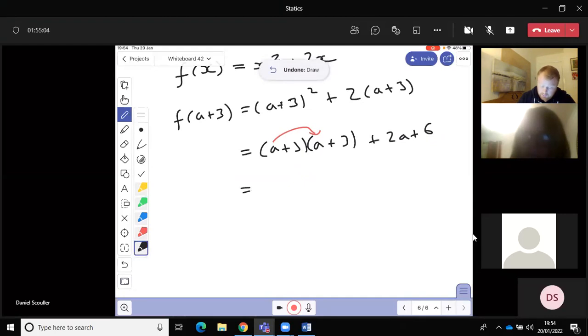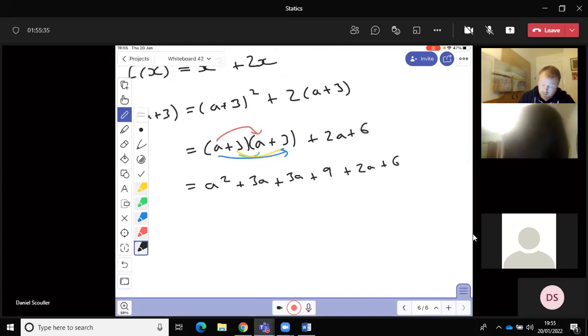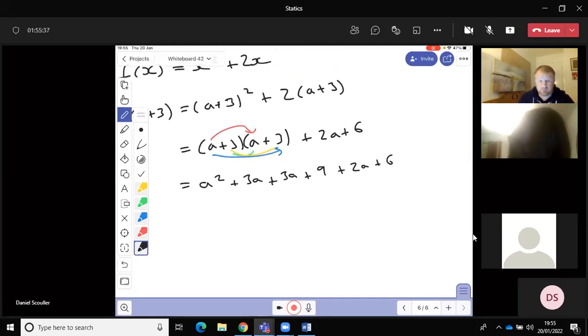Again, if you don't remember this process, don't worry. Okay, first, outside, inside, last. And then it's just a case of collecting all the terms up.